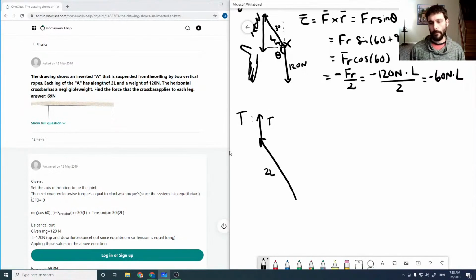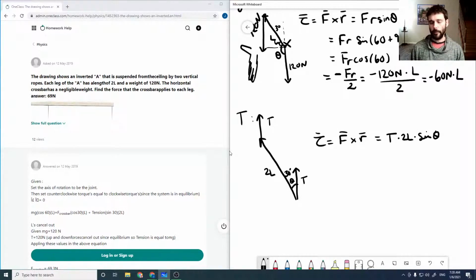That's L. Again, we want to put this tail to tail and find that angle, which is just going to be 30 degrees as it bisects the 60 degrees of the A. And so our torque is F cross R, which is just our tension times 2L times sine theta.